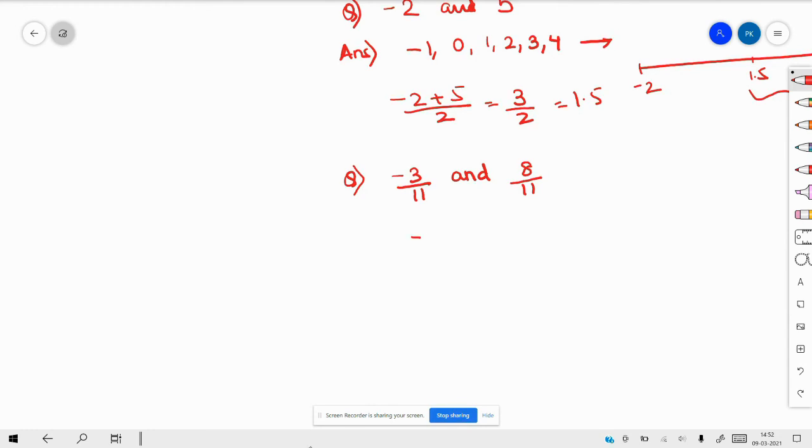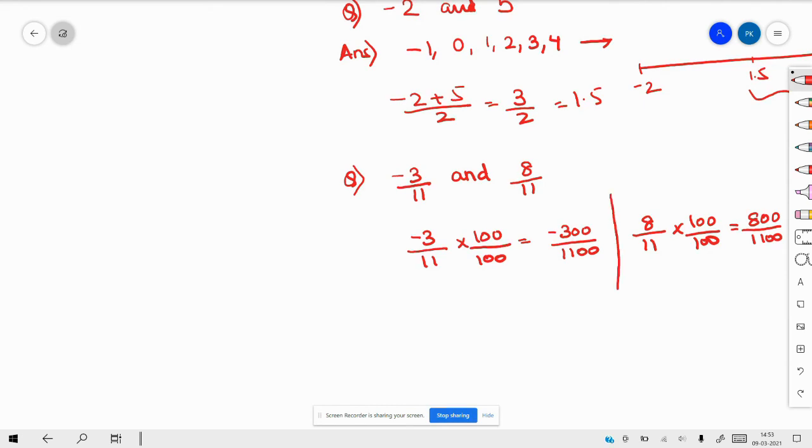You can simply multiply by 100 in both numerator and denominator, and the value will remain the same. This becomes 800 by 1100, and this becomes minus 300 by 1100. Now you have ample rational numbers between these two numbers. So this is another way of solving such questions.